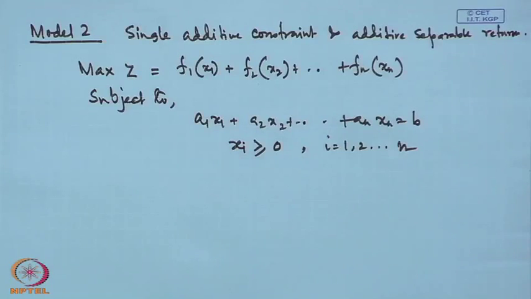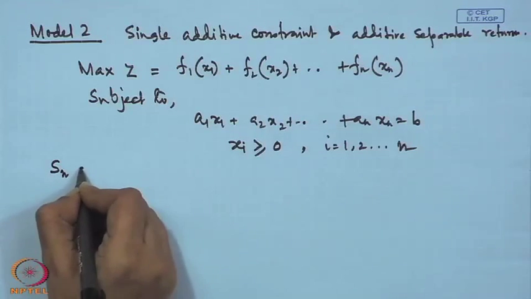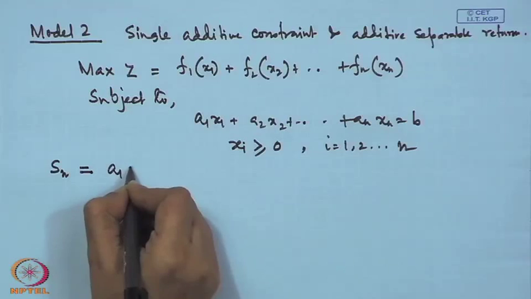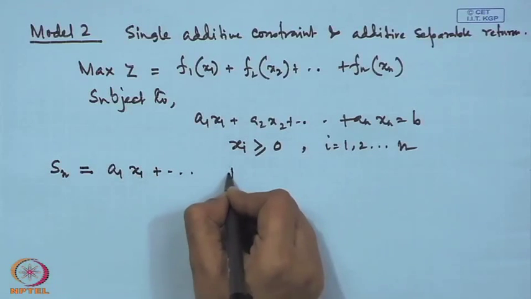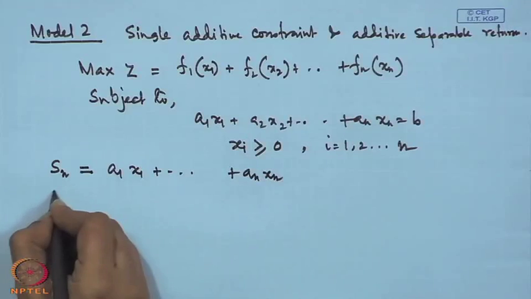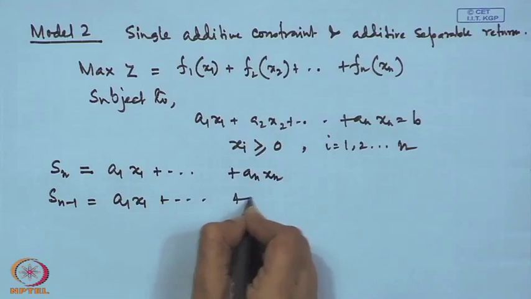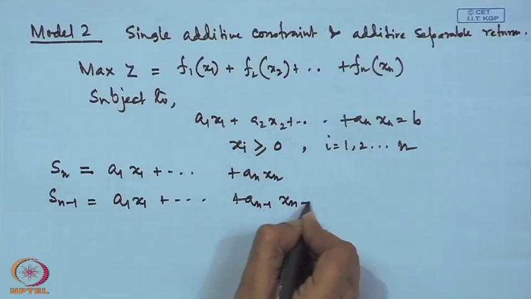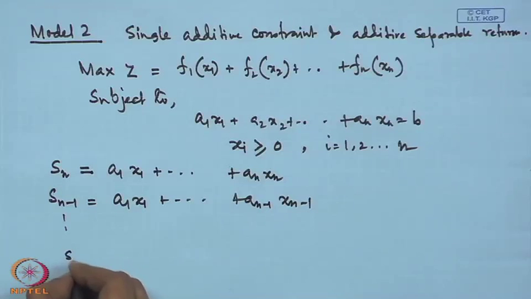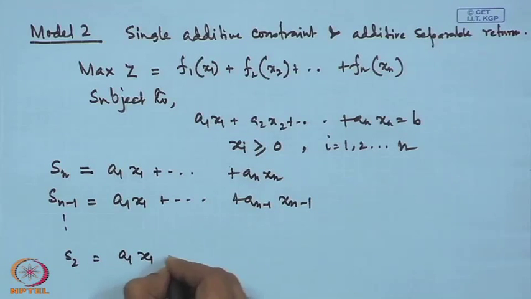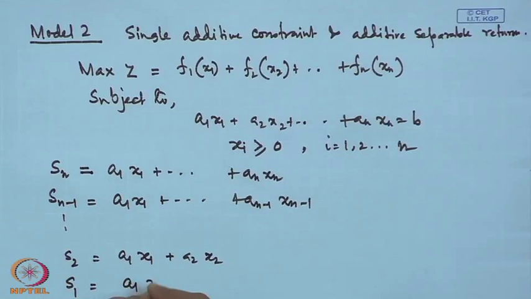Let us first define, since n variables are there, from your experience you must have realized that we will consider n stages and corresponding n state variables. Similarly, we will move to S2, that is a1 x1 + a2 x2, and S1 is equal to a1 x1.